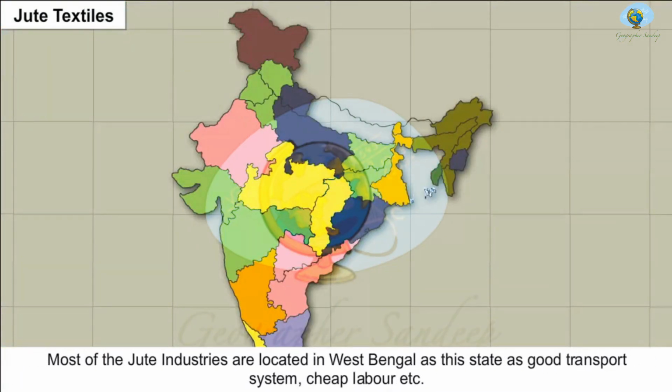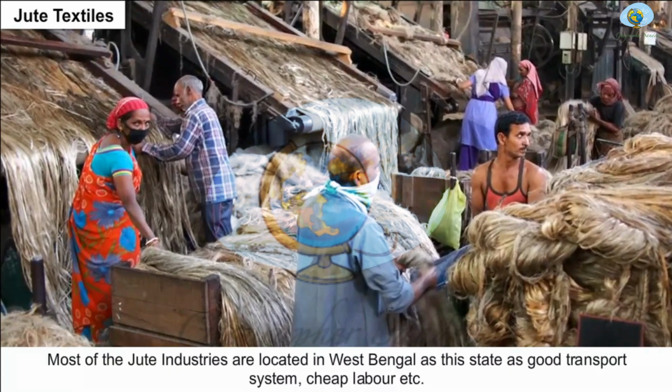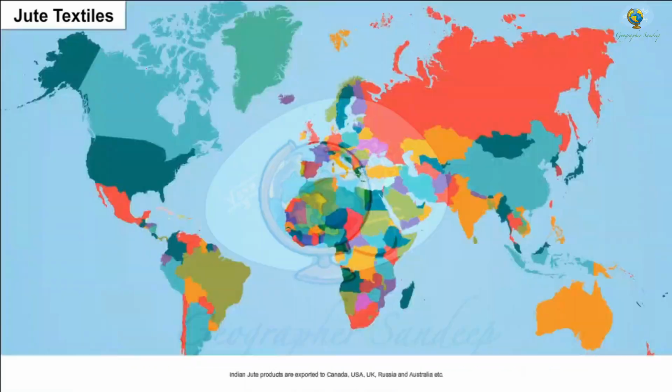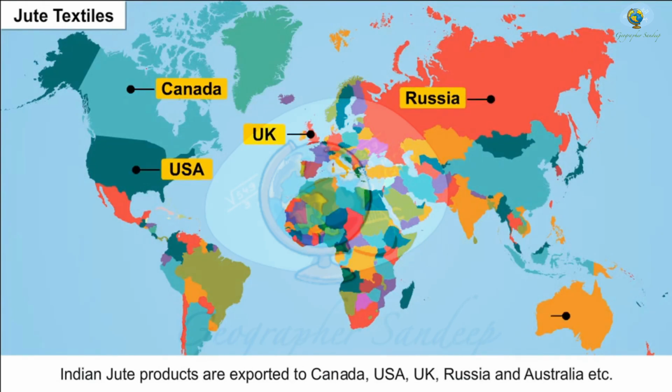Most of the jute industries are located in West Bengal, as this state has a good transport system, cheap labor, etc. Indian jute products are exported to Canada, USA, UK, Russia, and Australia, etc.